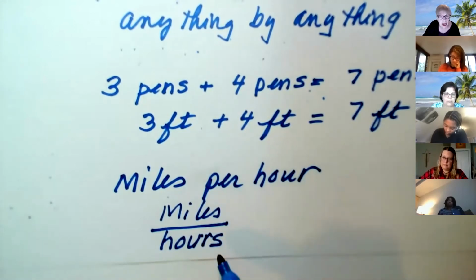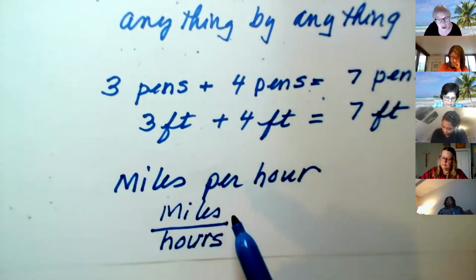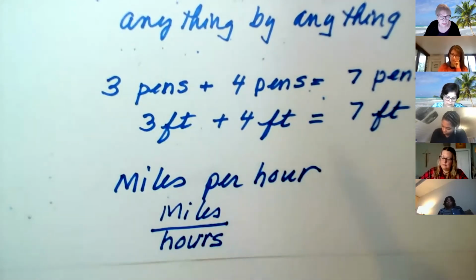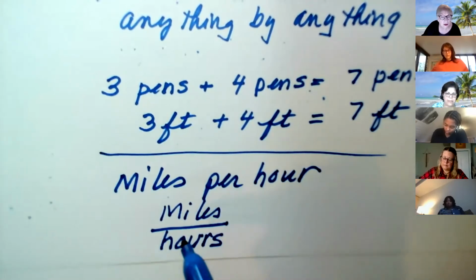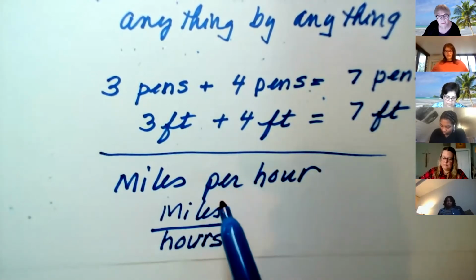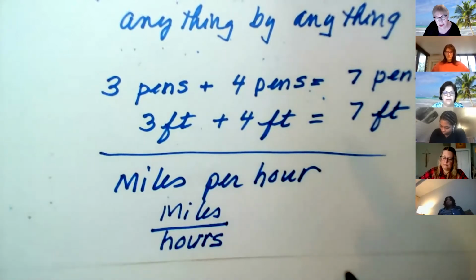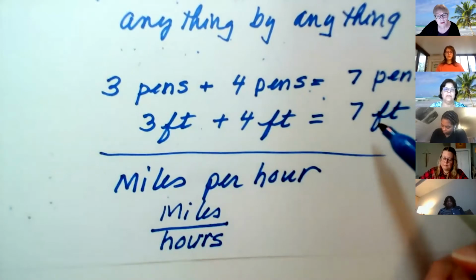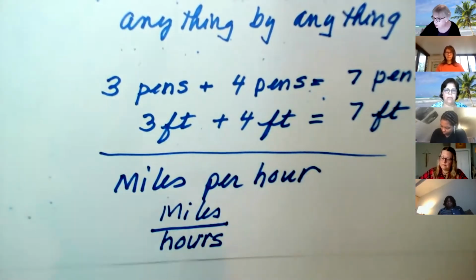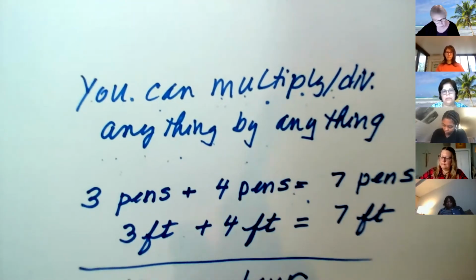Miles is distance, hours is time, totally different. And yet, can you do the calculation of miles per hour? Of course you can. This is what I'm trying to say, that when you multiply or divide, whatever, I'm a little bit generous, but that's the idea. But adding and subtracting, you must have the like things. We'll see that as we proceed.